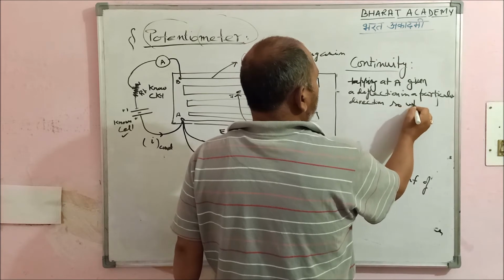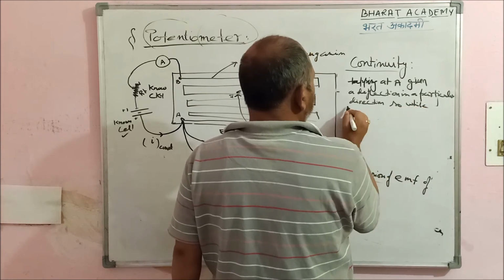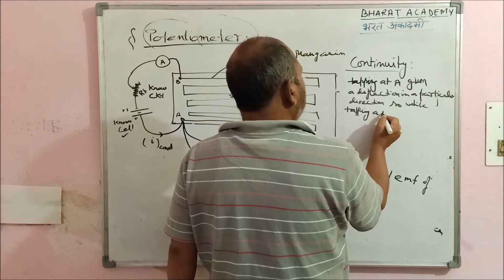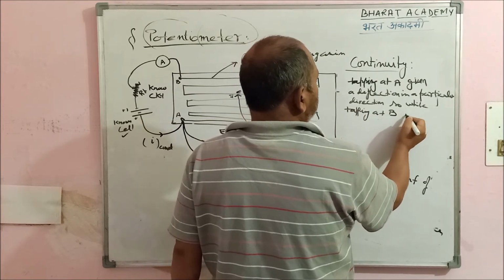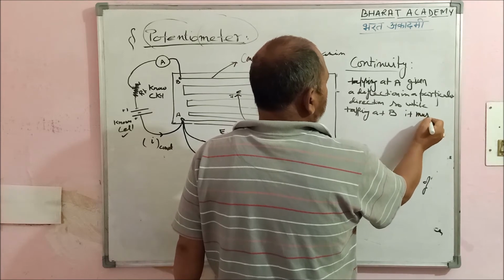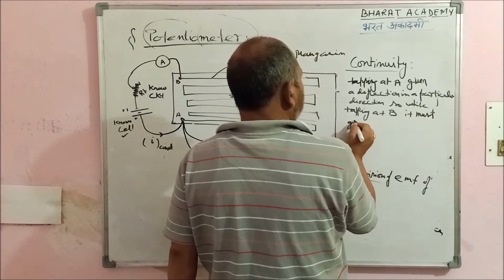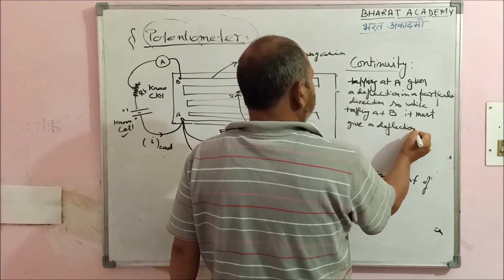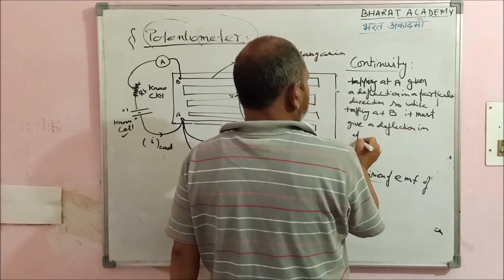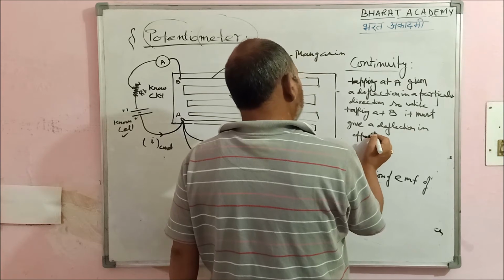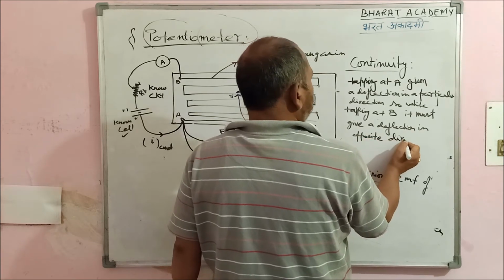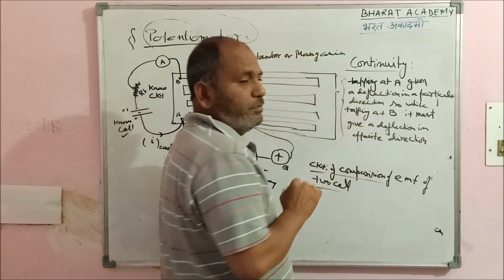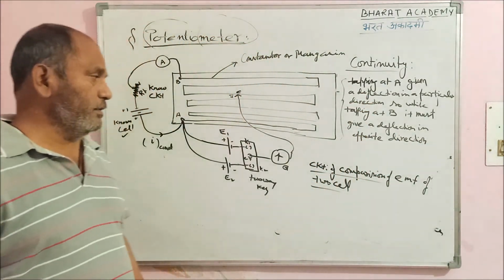While tapping at B, it must give a deflection in the opposite direction. This we have to establish, otherwise there is no use of wasting your time on the practical.